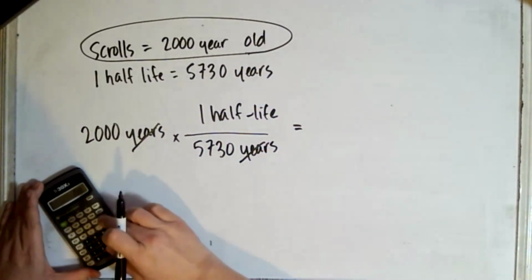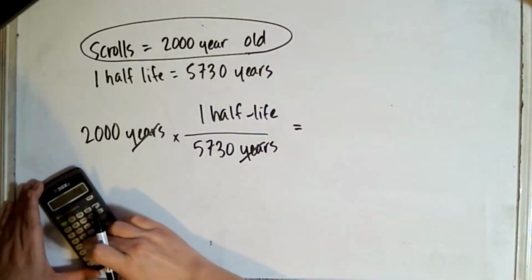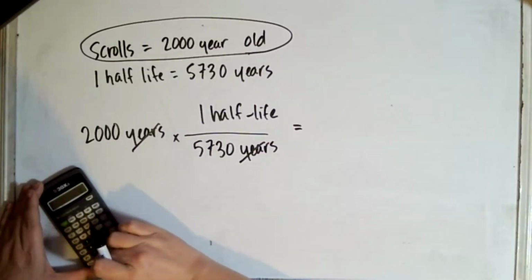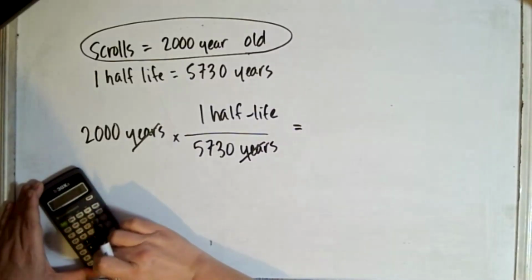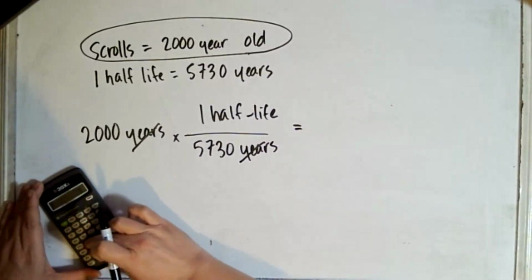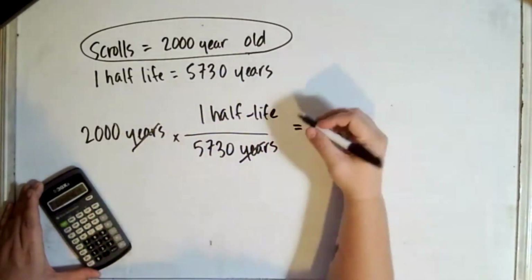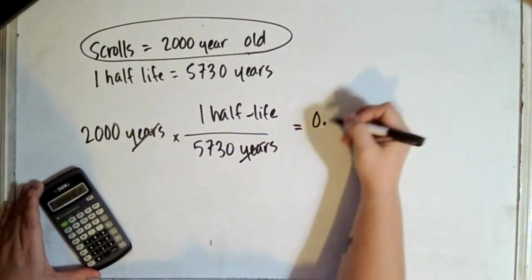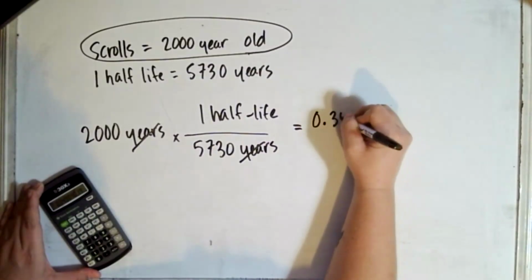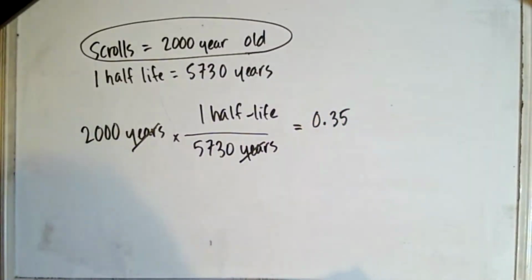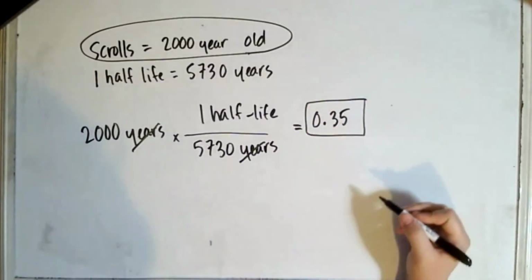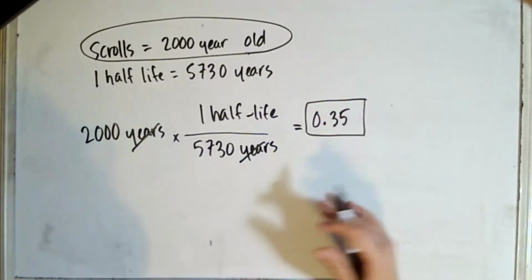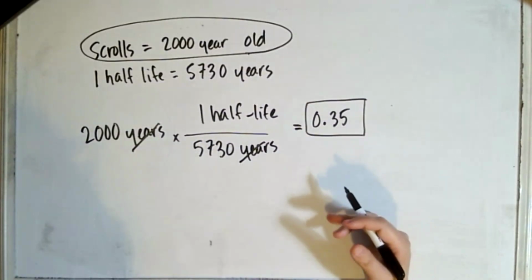Okay. So we get 0.35. Okay. That's how much of our half-life we've progressed through, about a third of it.